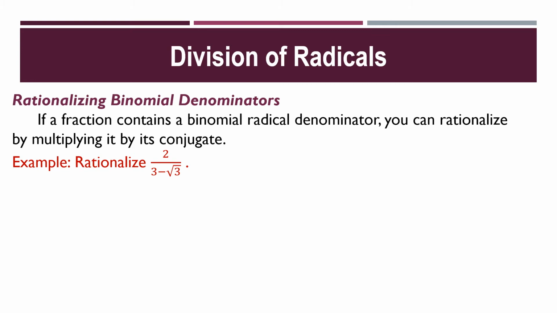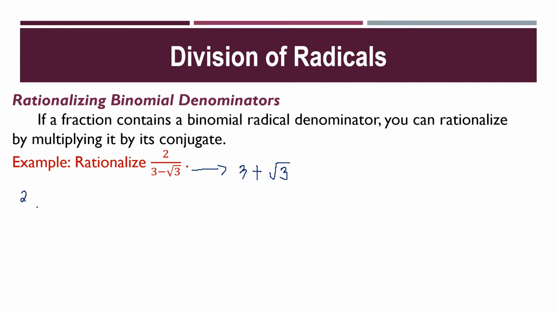So for our example, we have rationalize 2 over 3 minus square root of 3. So first, we need to identify the conjugate of the denominator. The conjugate of the denominator is 3 plus square root of 3. If you observe, we simply change the sign.